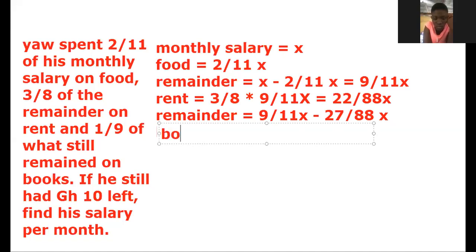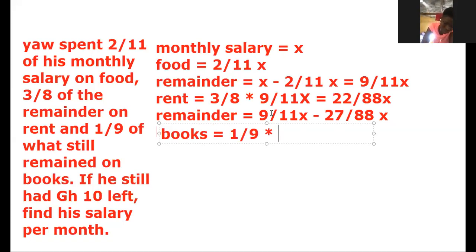So the amount that he will spend on books will be equal to 1 over 9 by the remainder. That means that's 9 over 11 minus 27 over 88.